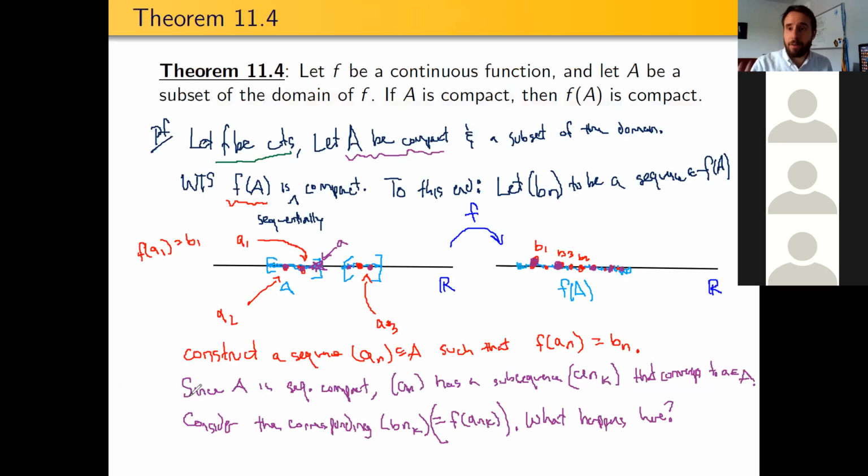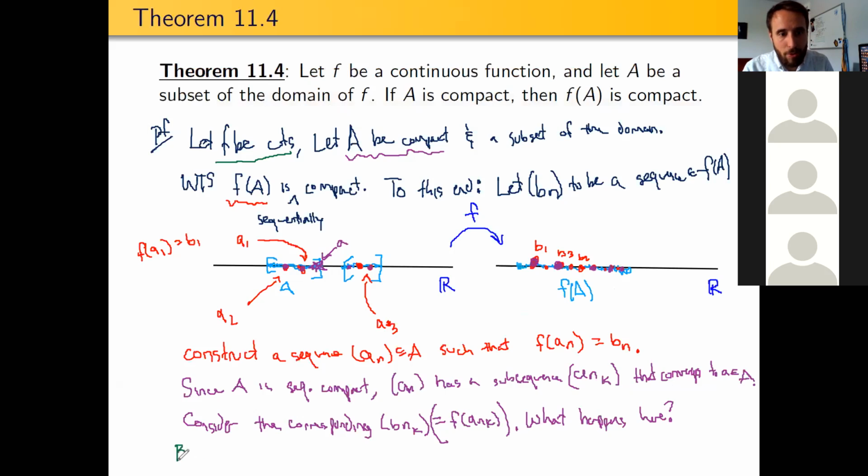It says that if our function is continuous, that's equivalent to saying that any sequence a sub n converging to a over here must have the corresponding sequence f of a sub n converging to f of a in the codomain.